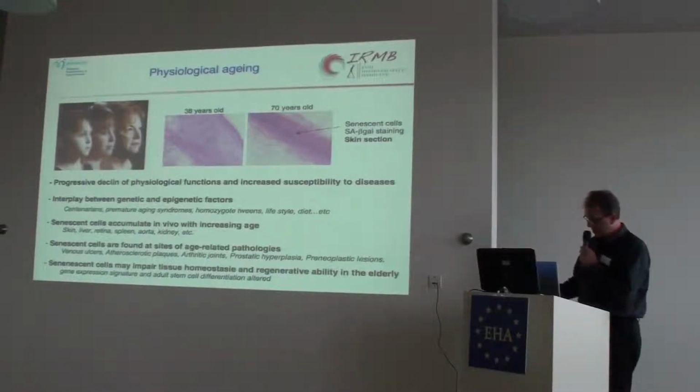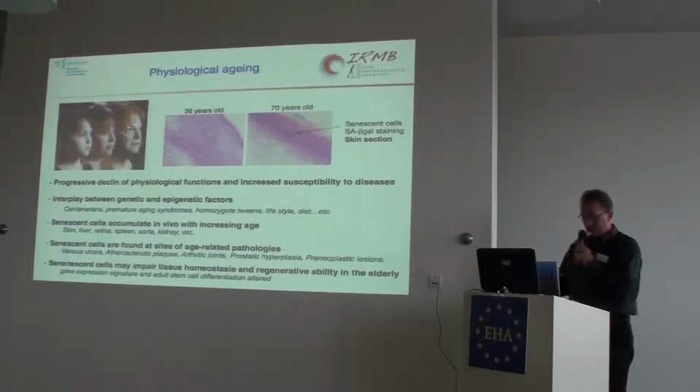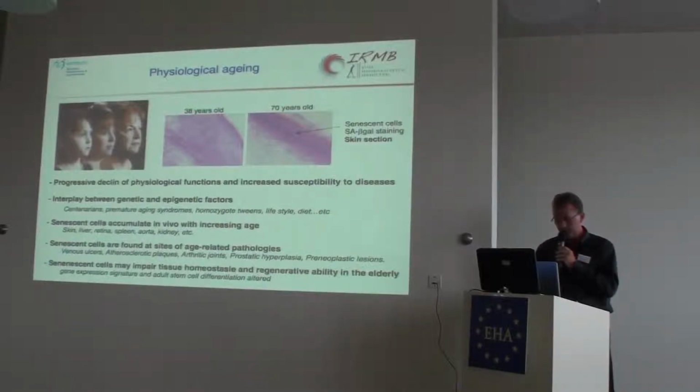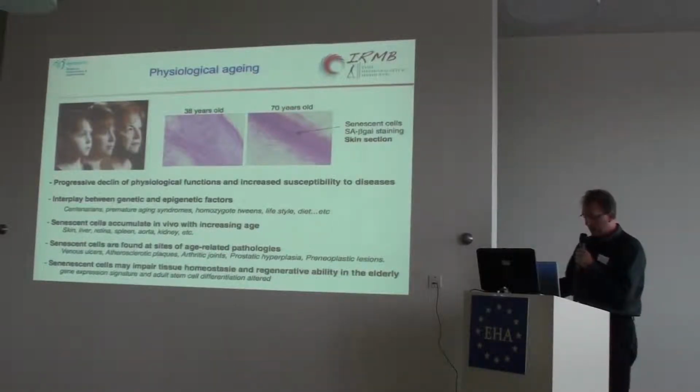And what we really believe now is that senescent cells may impair tissue homeostasis and regenerative ability in the elderly.